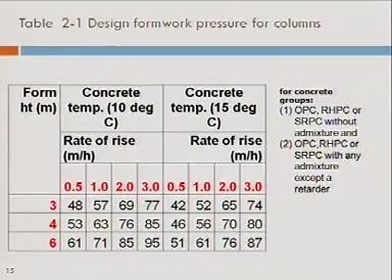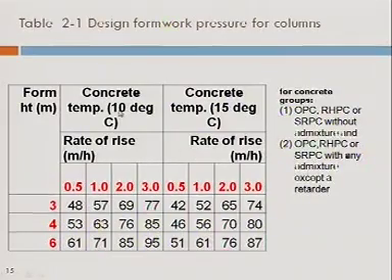So, if you just look at this particular slide, this gives you the design formwork pressure for column. So, whenever you are trying to design a column, you can refer to these tables. Now, one of the parameters is form height, and then you have concrete temperature.